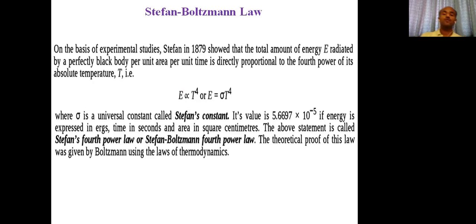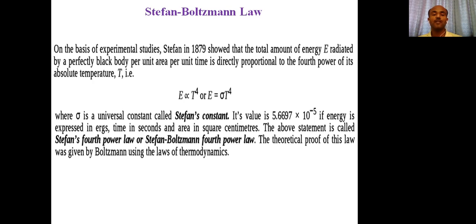Now, Stefan-Boltzmann law gives a relation about the energy emitted from a heated black body and temperature. So it clearly gives a relation between the energy emitted with respect to temperature.